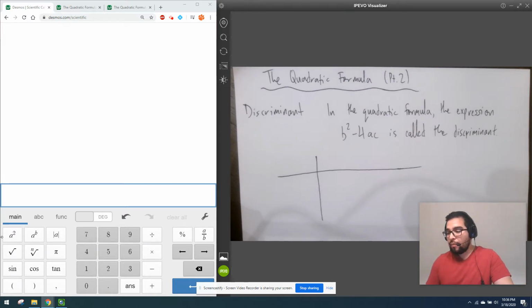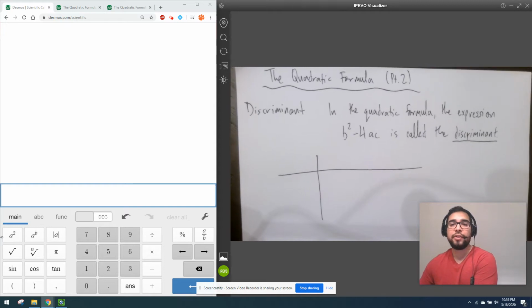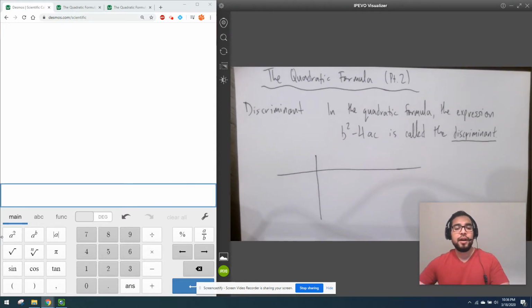What's very special about that is that it can tell me certain behaviors about my graph. It can tell me certain things about the solutions to this equation, depending on how you're looking at it, if you're looking at it graphically or if you are looking at it algebraically.